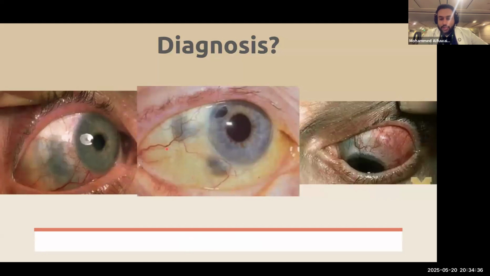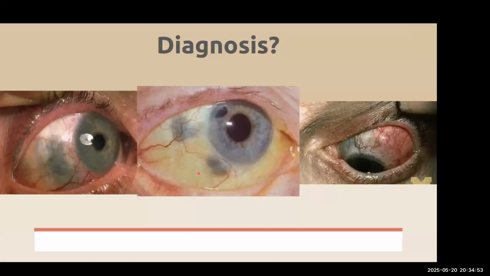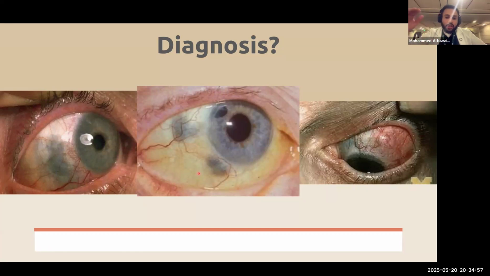Now, in this case over here, this patient has scleritis. Why can I say this is scleritis and not episcleritis? What's below the sclera? Anatomically, what's below the sclera? We have 3 layers: sclera, choroid, retina.